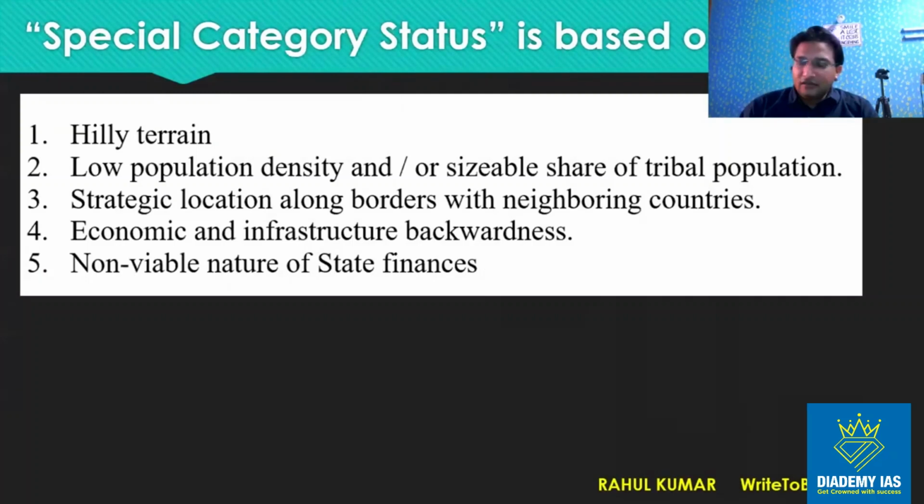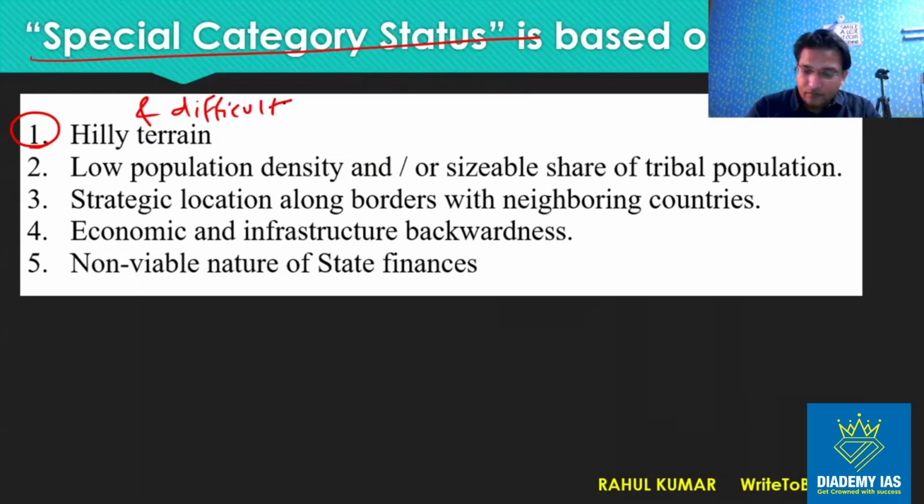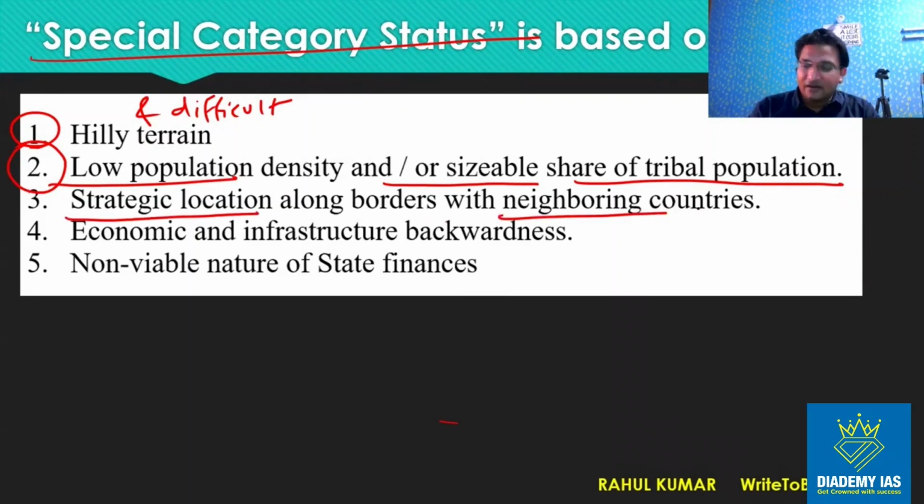Now what are the criteria of special category status? Number 1, hilly and difficult terrain. Number 2, low population density and/or a sizable share of tribal population. Third, strategic location along the border with neighboring countries.